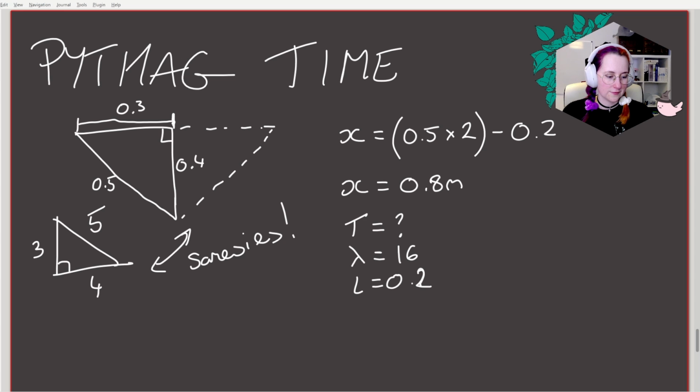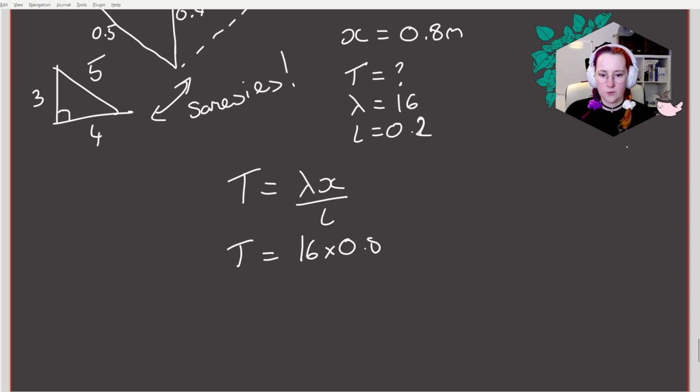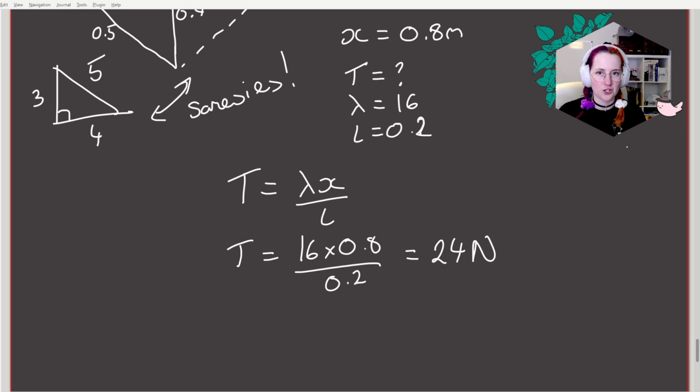So we find the tension in the string. T is lambda x over L, so T equals 16 times 0.8 divided by 0.2, which gives us 24. Quick maths.